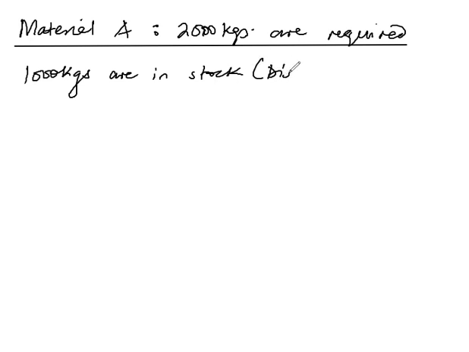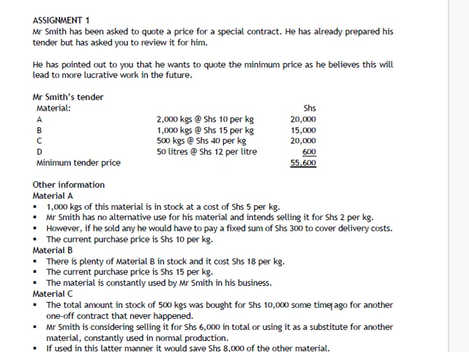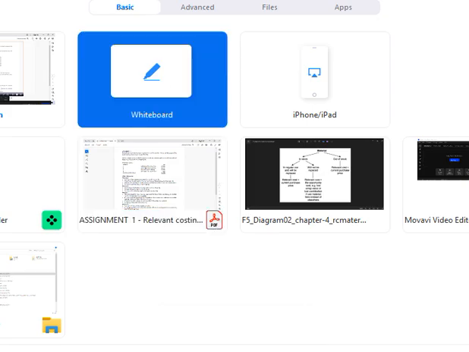Their disposal value, let us try to find out the disposal value. Their disposal value is shillings 2 per kilogram.